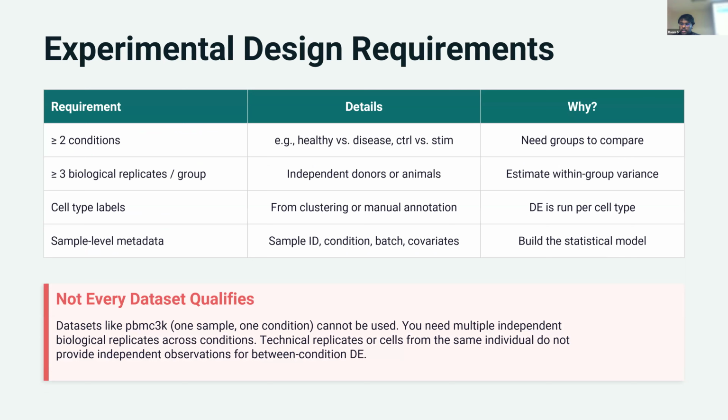You need cell type labels and also sample level metadata. Now, just to keep in mind, data sets like the PBMC 3K used in previous workshops cannot be used for this type of analysis because that only has 1 sample and 1 condition.